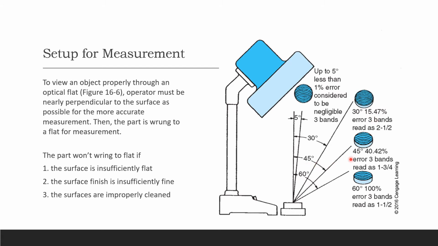When you go to 45, you get 40.42% error. And when you go to 60, you get 100% error. Again, the smaller the angle, the more accurate the measurement will be. That's why we say the operator has to be nearly perpendicular for the most accurate measurement.